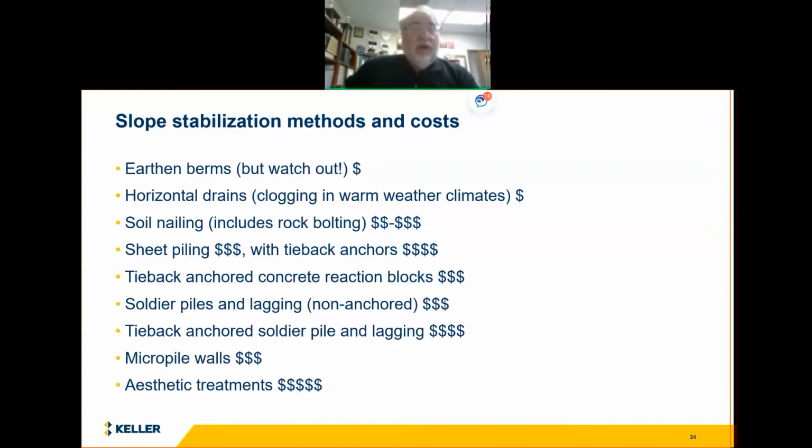And then in warm weather climates like we have here in Georgia, where I am, typically they only last for about 2 years before they get clogged with bacteria, these anaerobic bacteria, microbes, etc. And it's very expensive. Most people don't maintain them.